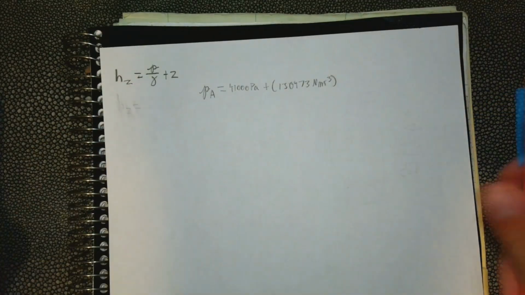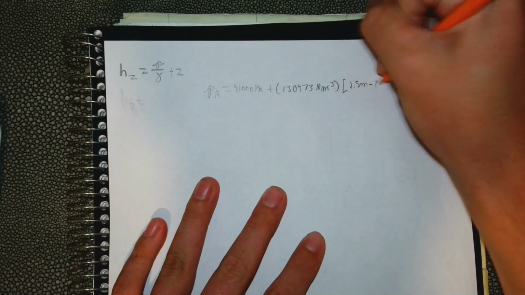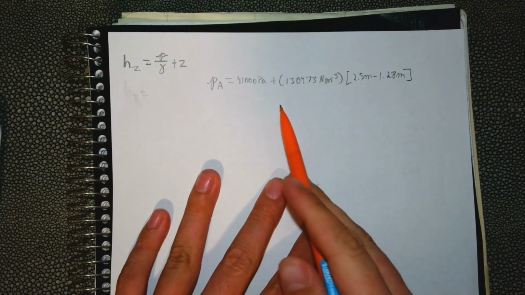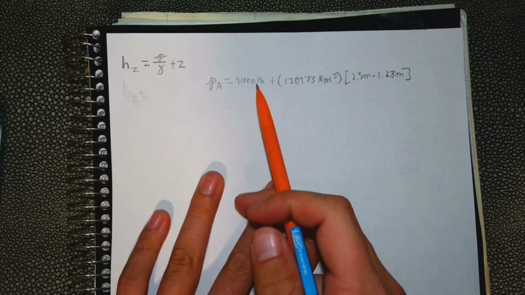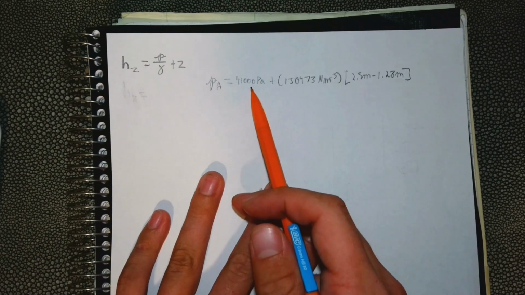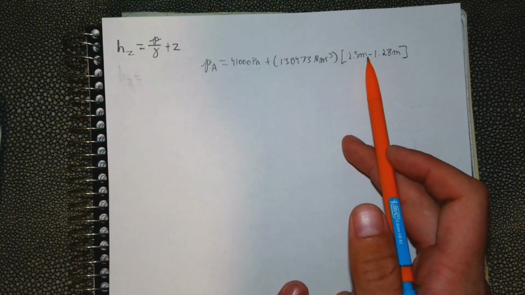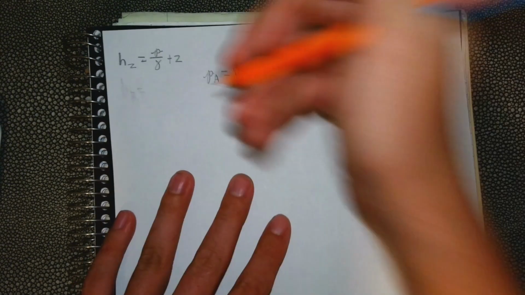Okay. I kind of just did the hydrostatic equation again. All I did was to find PA, I took the known pressure at point 2 and then did specific weight times the depth within the liquid of mercury to find the pressure.